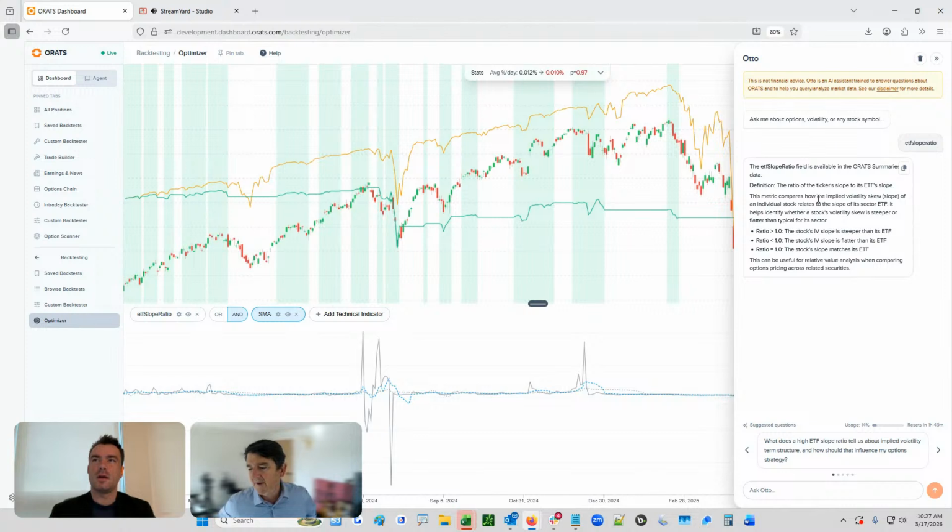Well, can you explain that a little bit more? Like the SPY ETF versus the best ETF of the SPY. Yeah. What it ends up showing is the put call slope, right?